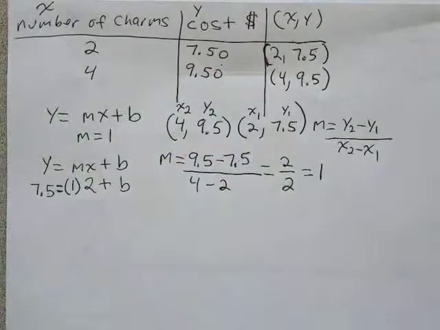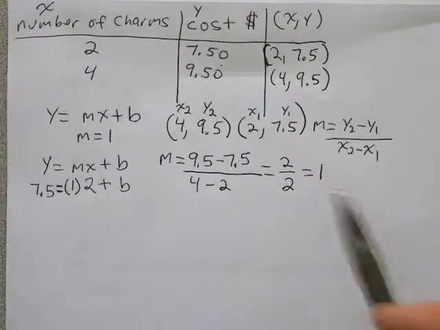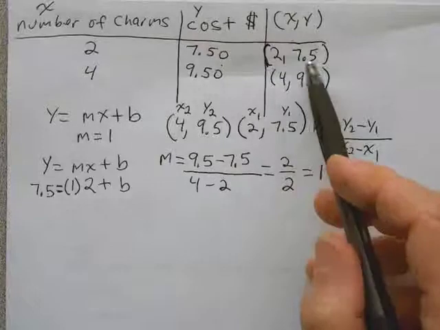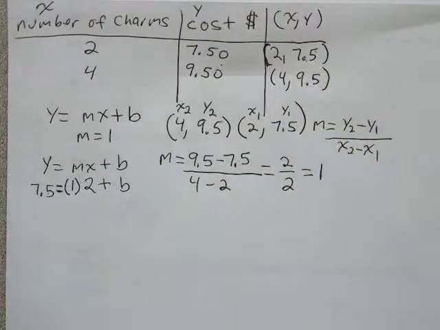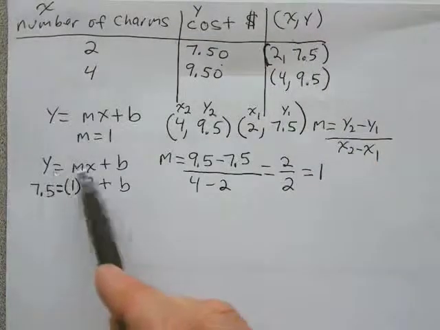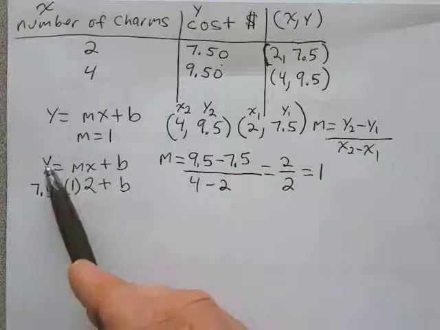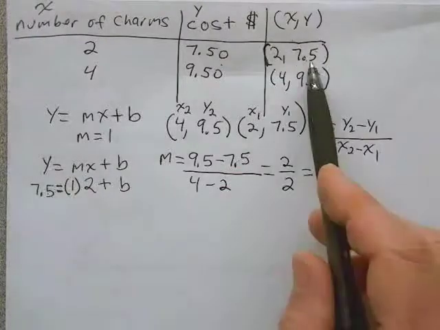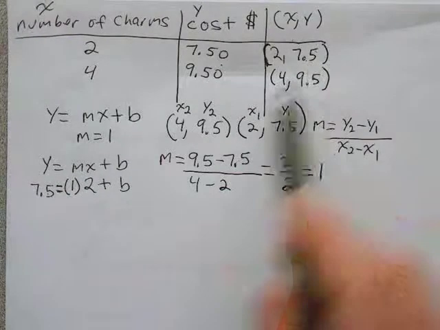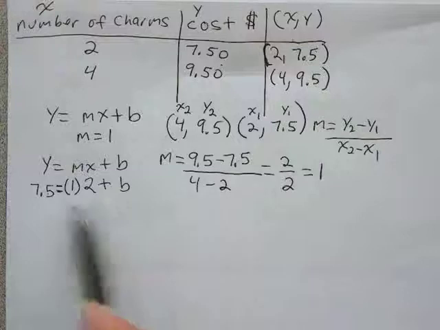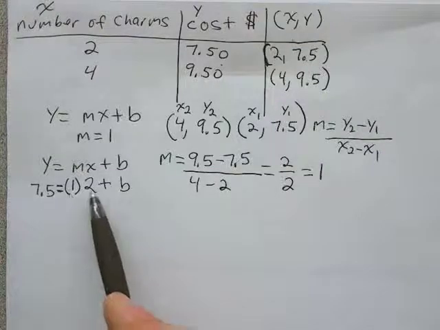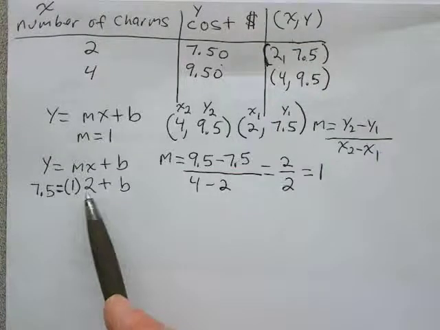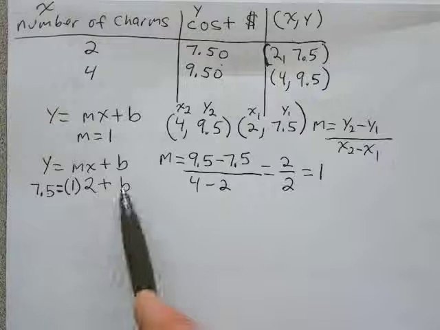Let me just review what I did. I took the ordered pair (2, 7.5) and substituted it into the formula y equals mx plus b. I know what y is, I got it from the ordered pair, that's 7.5. I know what m is because I solved it here, that's 1. I know what x is, that's the input, which is 2. What I don't know is b.